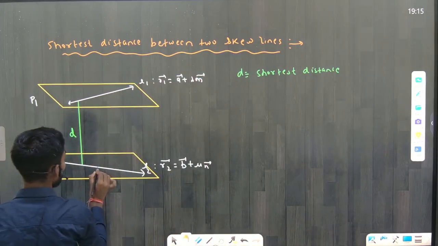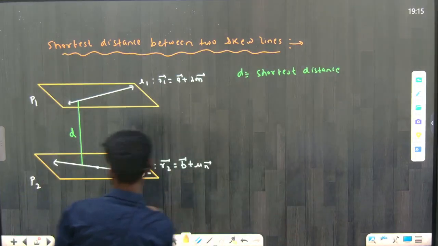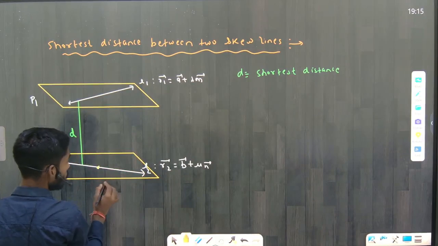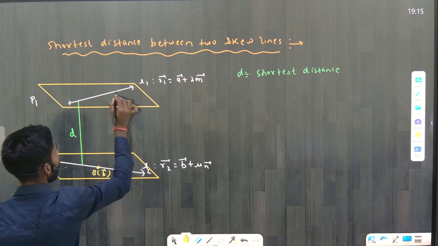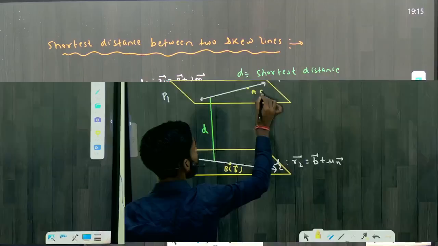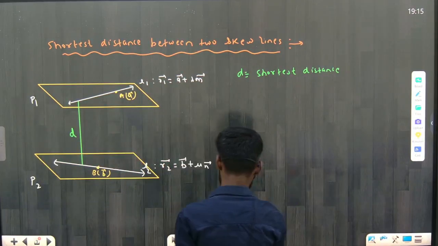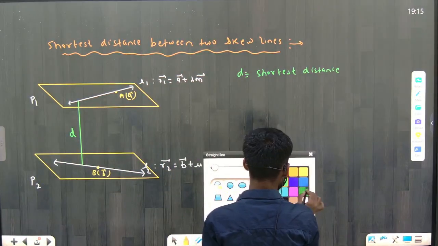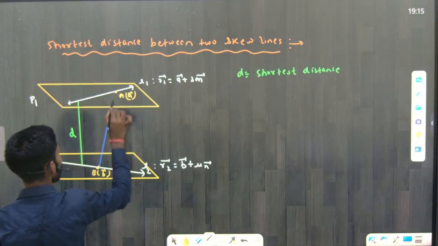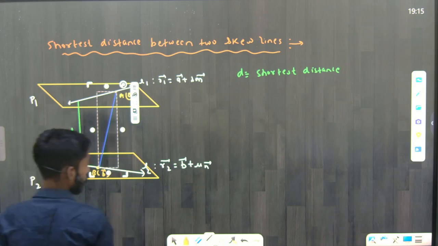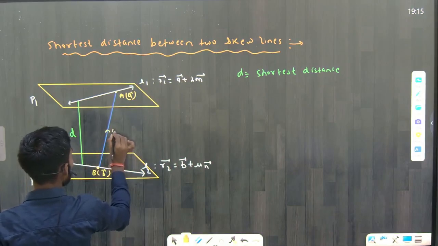Suppose that point B, whose position vector is b vector. Let us assume a point A whose position vector is a vector. This is actually the BA vector.